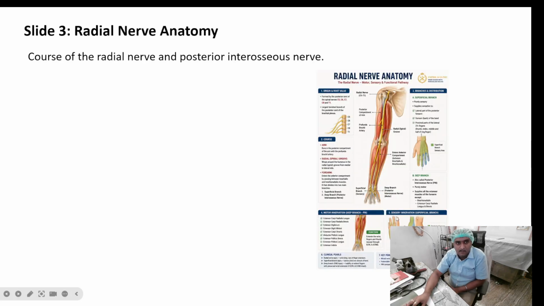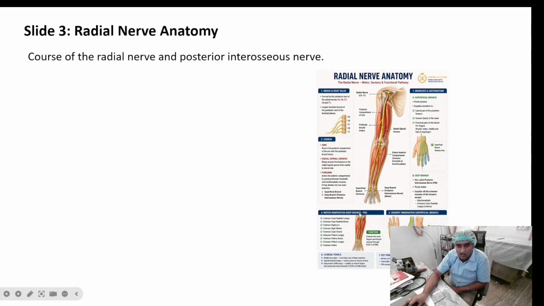Radial nerve anatomy: course of the radial nerve and posterior interosseous nerve. You can see the origin is at C5, C6, C7, C8, and T1. The arm course is from the arm, radial spinal groove, to the forearm. Then branches and distribution. There is the superficial branch. You can see the green colored part, which indicates the superficial branch sensory area.